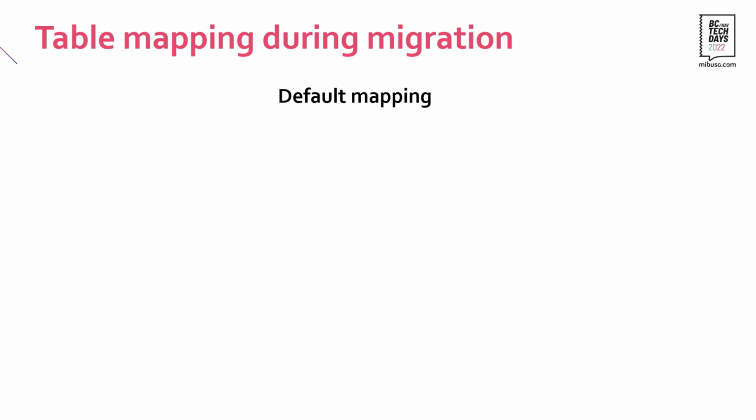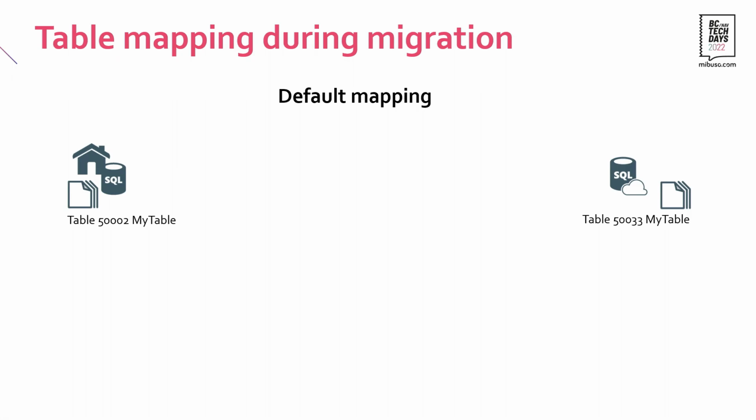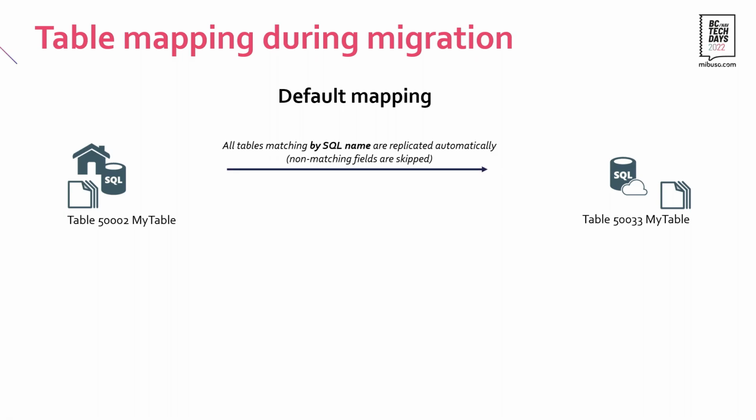And one topic that I wanted to talk about more: when you replicate data, we do some default mapping. Normally you don't think about it, but if you have tables with the same names both in the on-premise and in the cloud, then we just copy them, because the SQL names match.